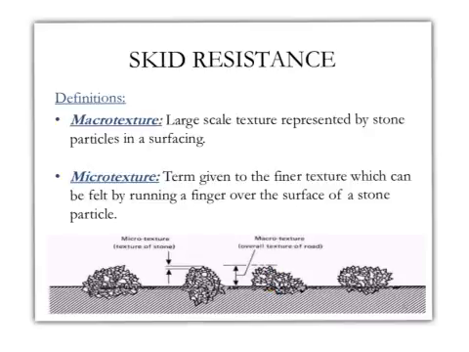While the micro texture is a term given to the finer texture, which can be felt by running a finger over the surface of the stone particle. For example, look at the same aggregate piece, either this surface or this one. If you touch it with your finger from one part to the other within one aggregate stone, this difference is what we call the micro texture.